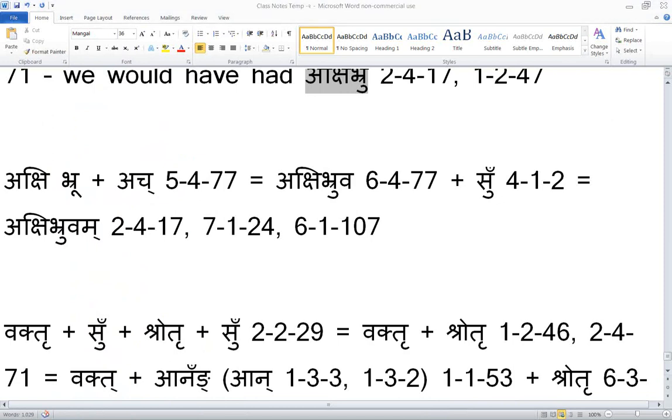So then maybe I can put this statement from the Kashika itself here. Let me correct the typo for you, in the anangadesha.